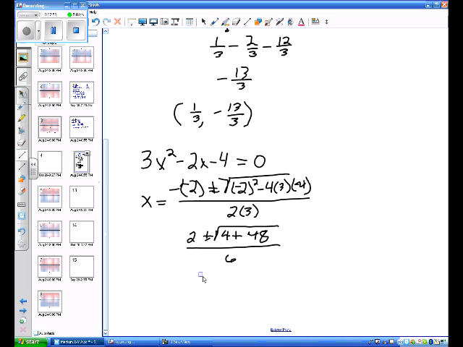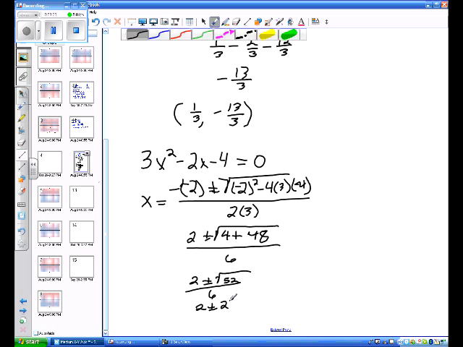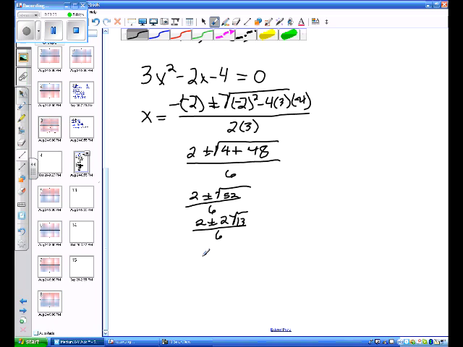Okay, and then that would give us 2 plus or minus the square root of 52 over 6, which would be 2 plus or minus, now 52 is 4 times 13, so the square root of 4 is 2. Square roots of 13 over 6, and we can reduce all of those by 2. So we would end up with 1 plus or minus the square root of 13 over 3.